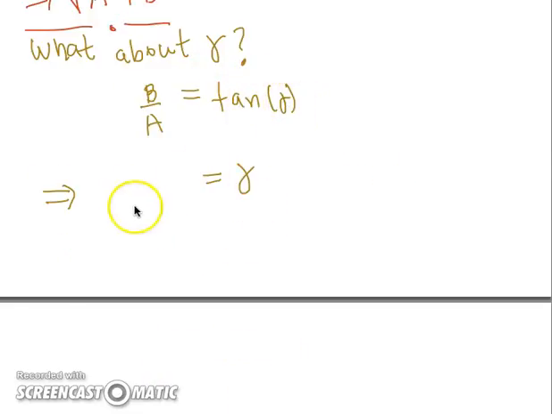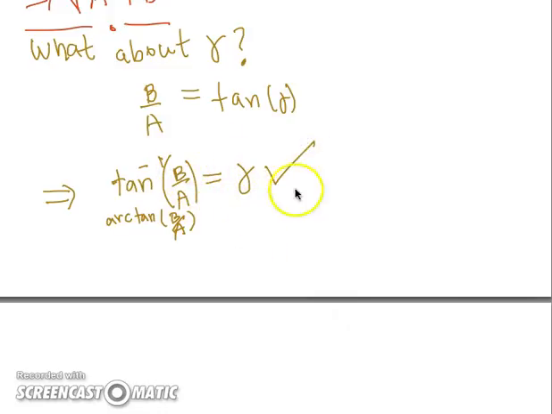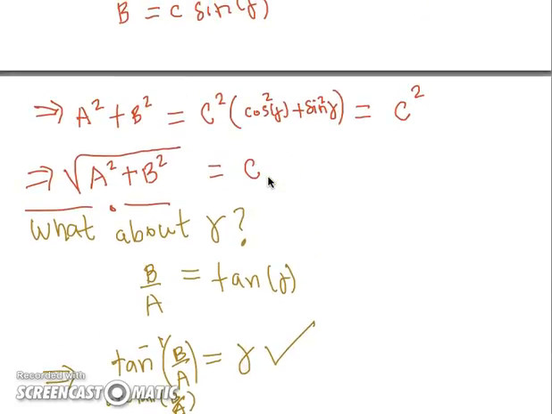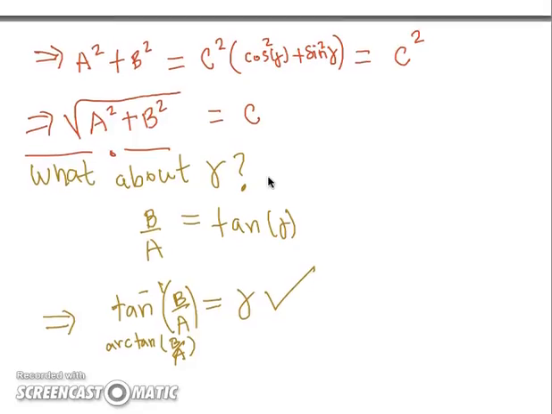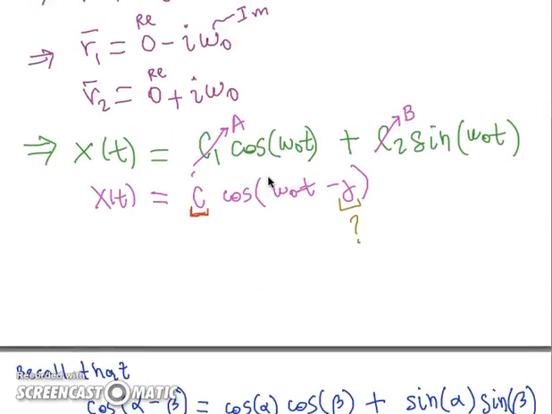From where we can solve for gamma by taking the inverse tangent of the ratio b over a, which is also what is commonly referred to as the arctangent. That will give us gamma. So there's a way of computing gamma, and there is a way of computing c, right? And remember, a and b are the constants. Assuming we know these constants a and b, then we can compute this new constant c.